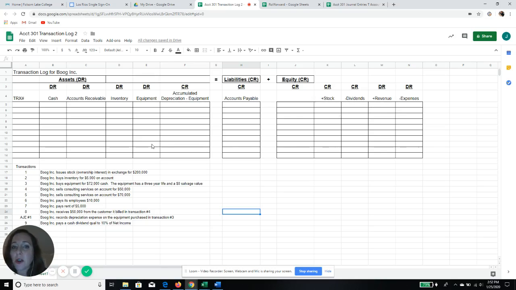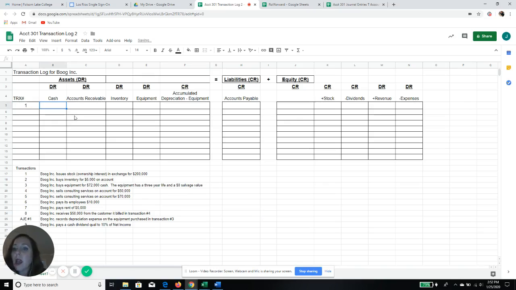Okay, so let's start with transaction number 1. Boog Inc. issues stock or ownership interest in exchange for $200,000. So we are Boog Inc., we received $200,000.